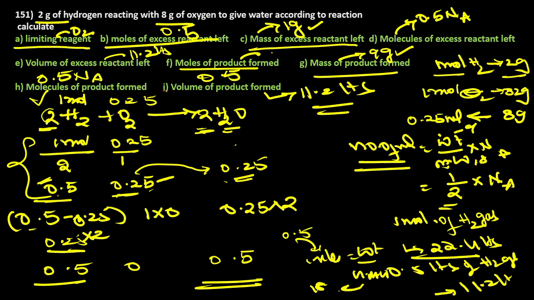Whatever the stoichiometric coefficient value is, that needs to be multiplied, both for the leftover and for the formation of product. Then you will get the final exact moles. This is your actual moles, either of excess reagent or of formed product.